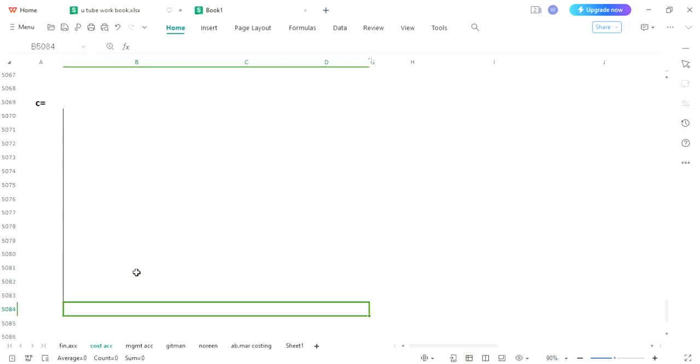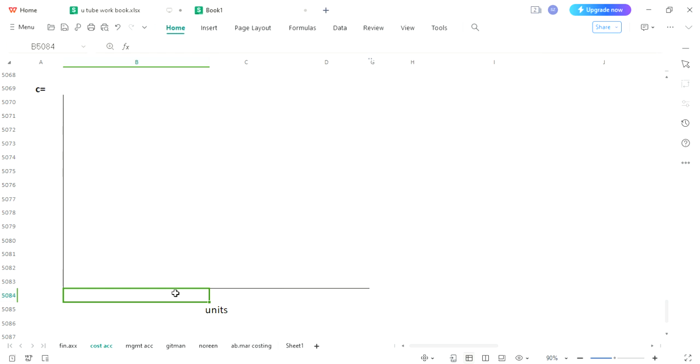Over here you will be putting your amounts of units. Here you will put units, and over here we have a problem. We want to make it in two parts. Little problem. Okay, we will solve it later on.